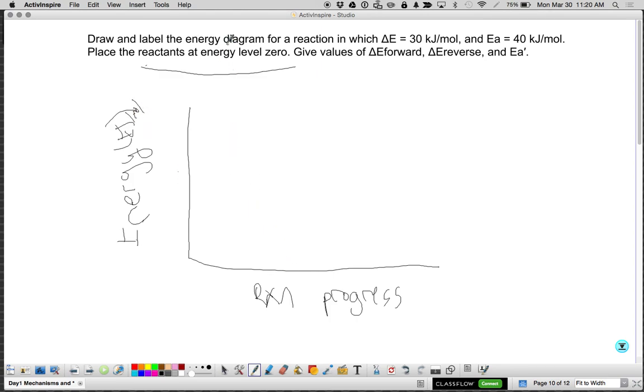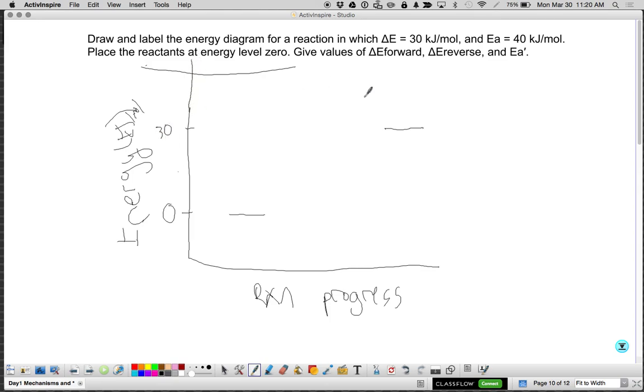I'm going to place my reactants at energy level 0. So the first thing I'm going to want to do is figure some stuff out. This looks like an endothermic reaction, because delta E is positive. So my reactants are going to go at 0, and my products are going to go higher than that. It's an endothermic process, so this is going to be at 30.